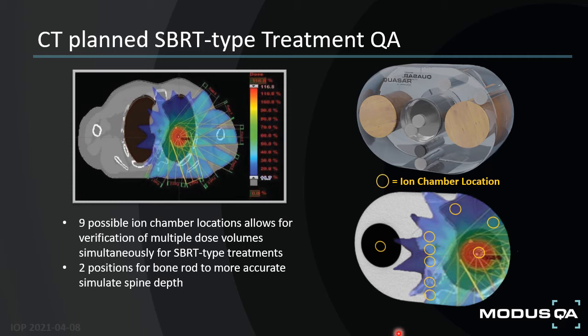One particular region of interest I do want to point out for these dose points is these two right down here. Those are the two optional locations for the bone rod that lie towards the bottom region of the phantom. We did touch upon this briefly before, and this is particularly important because spine depths can vary quite significantly from patient to patient, being affected by age, physiology, BMI, and quite many other factors.